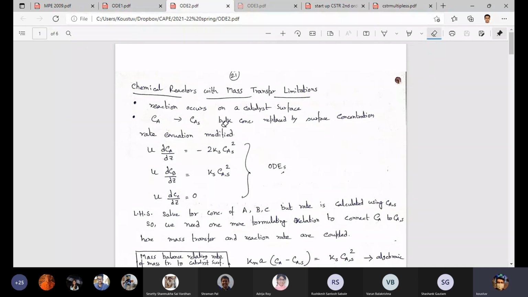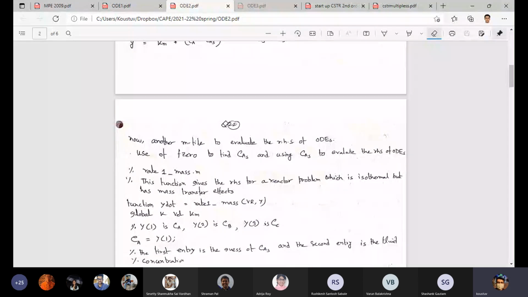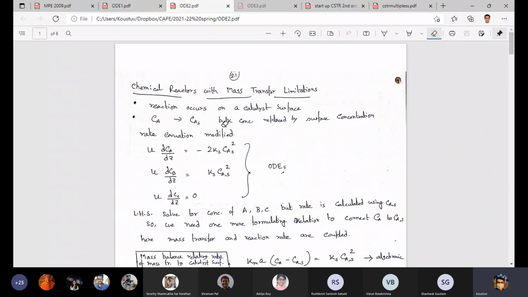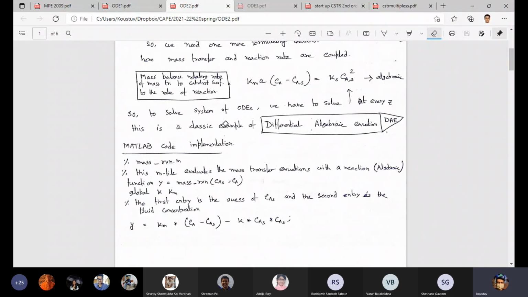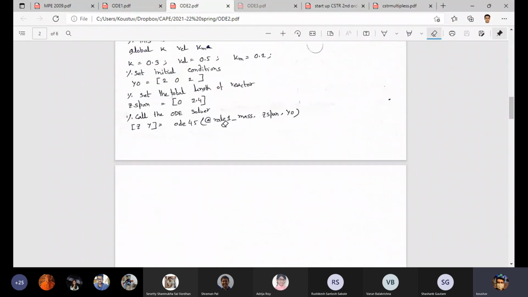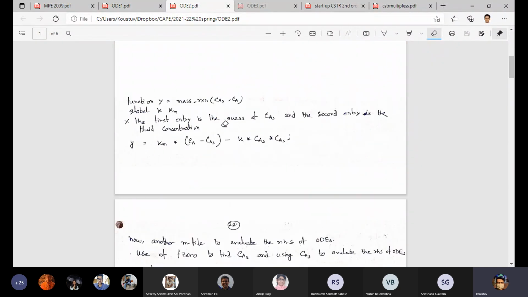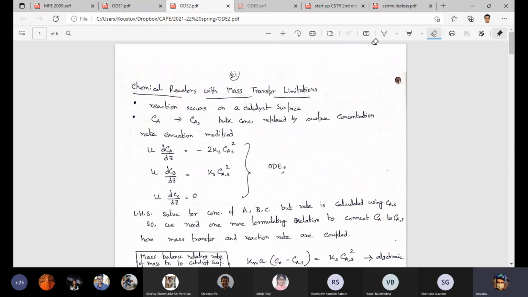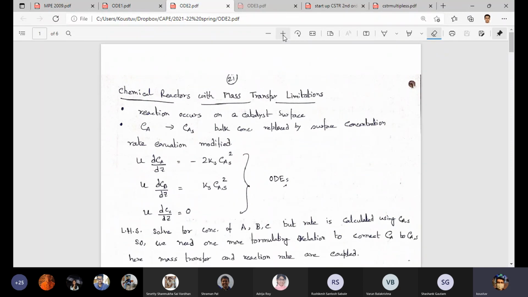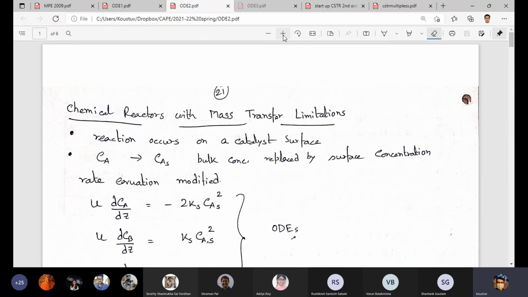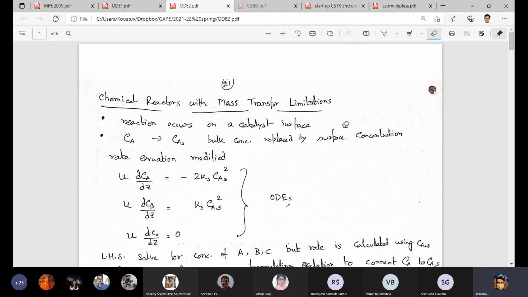So I'll just introduce this and then conclude the class. This particular topic is important, and the detailed analysis or results we will discuss in the next class. One more application is the case when mass transfer also occurs inside the reactor.